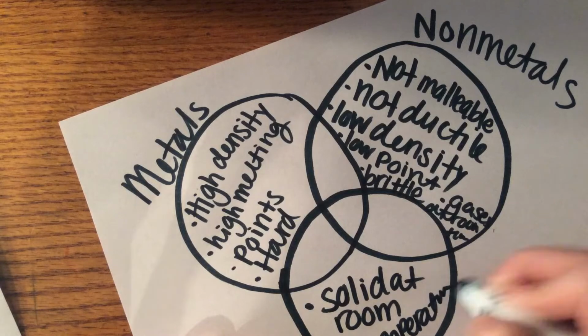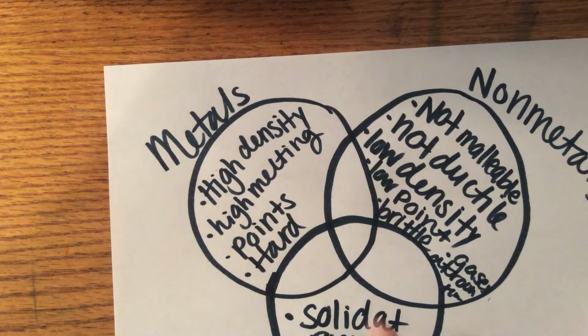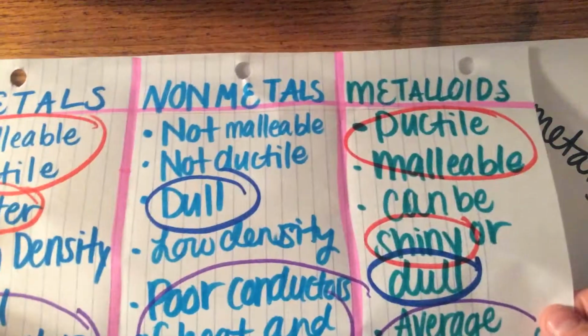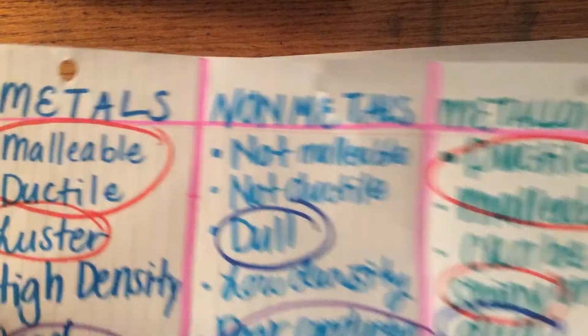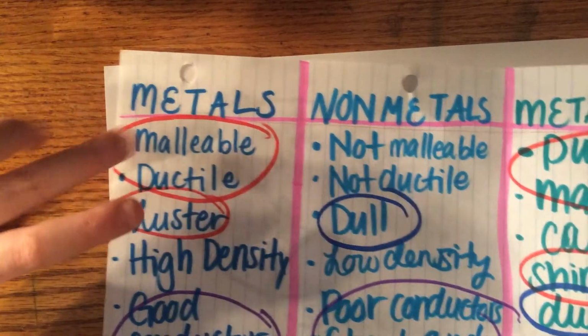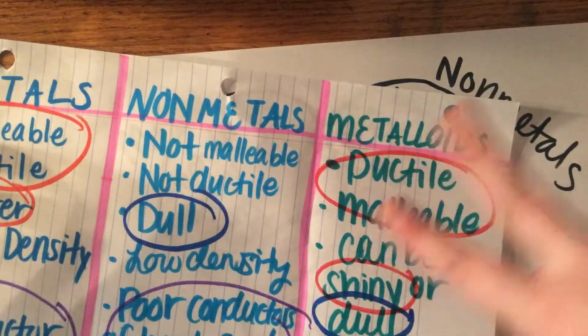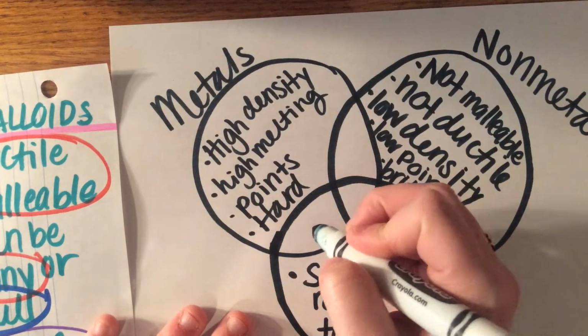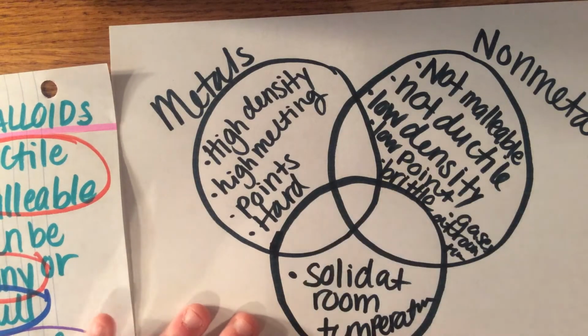Okay. Now, we have these overlapping ones. This is where we will put the information that we circled earlier. So, since we circled malleable, ductile, luster in both metals and metalloids, we will put it in the one where they overlap.